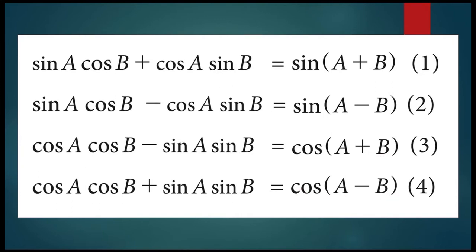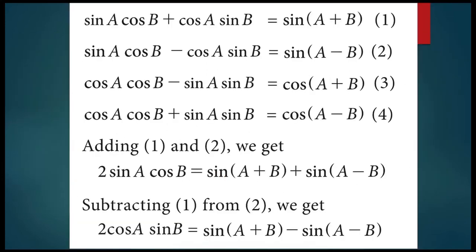In the previous class we have learnt these formulas. So sin(A+B) is sin A cos B plus cos A sin B, and its expansion is given here. I take these four formulae as four equations. Using these formulae, we are going to derive the new sets of formulae.